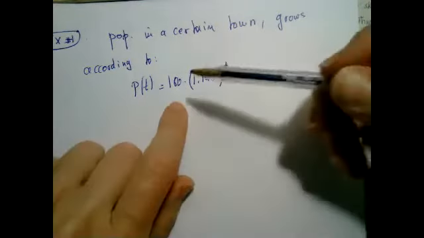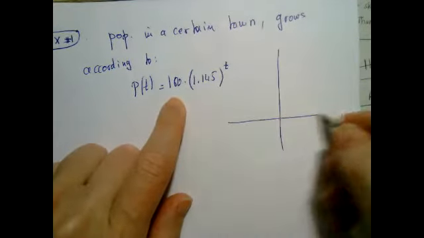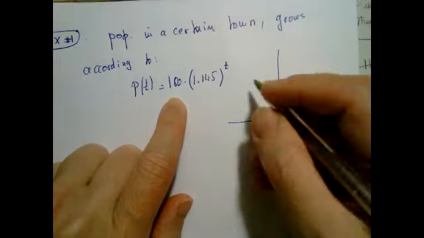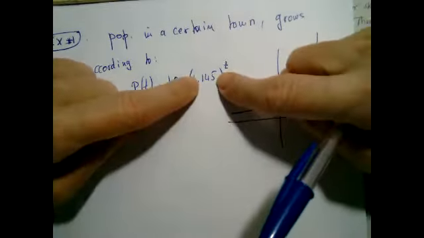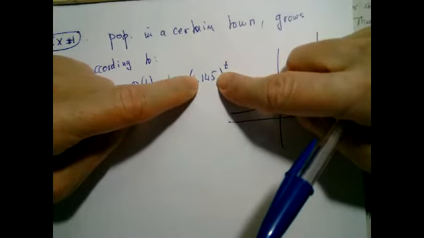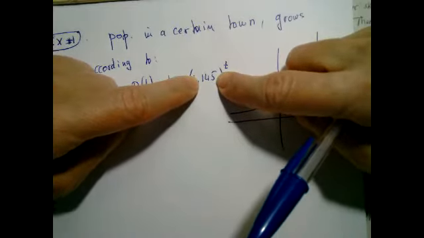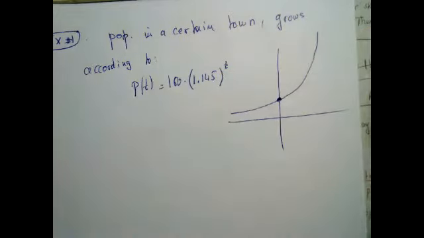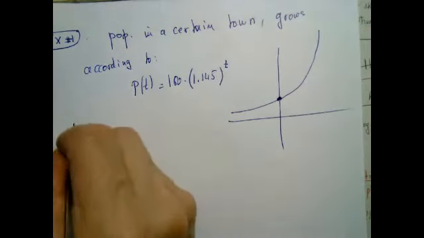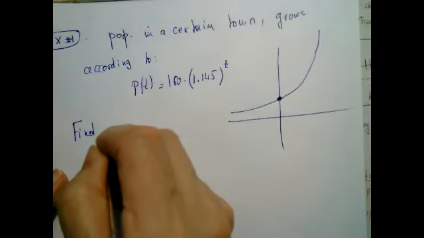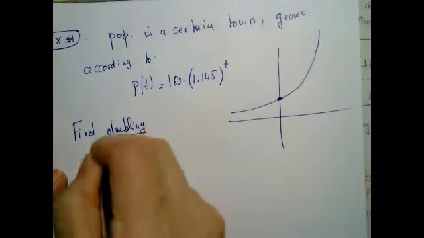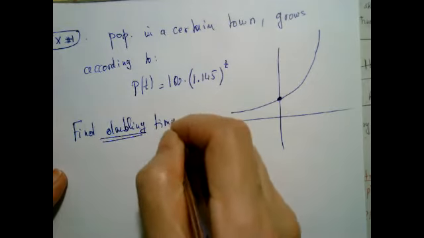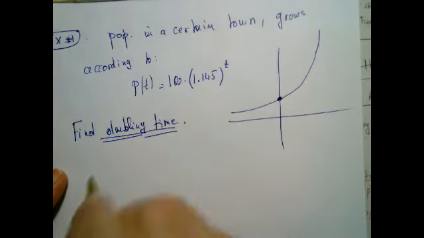Okay, so that's a population. Its initial value is 100 and it's growing. Its growth rate is 1.45%. That's the growth rate. Question is, find the doubling time.